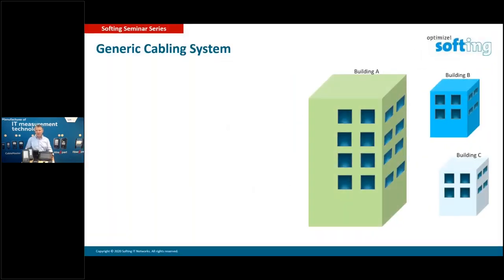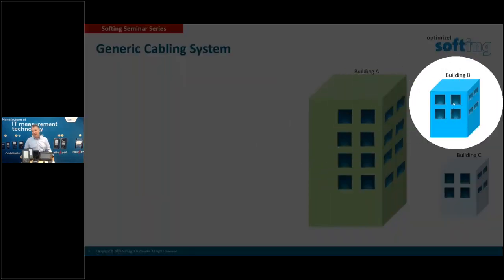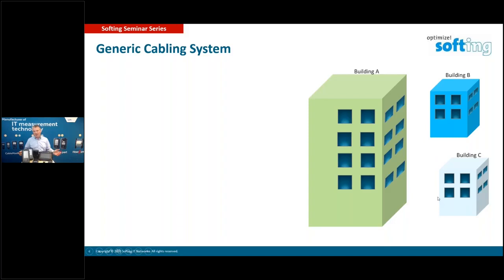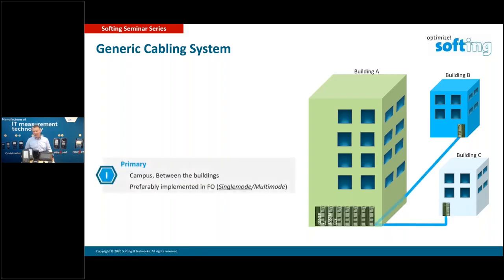So what is written in there? First of all, it says what I should do if I want to connect building A and B and maybe C, if I have a campus area or something like that. In the EN 50173 or ISO IEC 11801, it is written that I have to use fiber optic cables for that. I should use single mode cable.